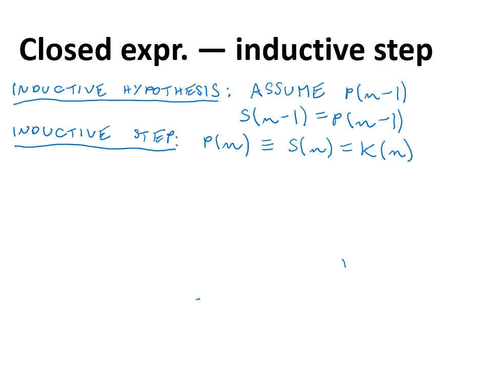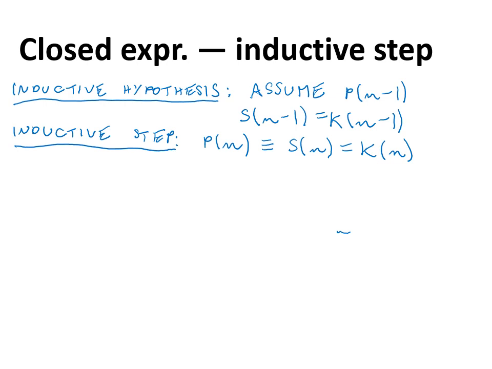And I just noticed I made a little mistake here. So this should be k of n. So our hypothesis is that S of n minus 1 is equal to k of n minus 1.